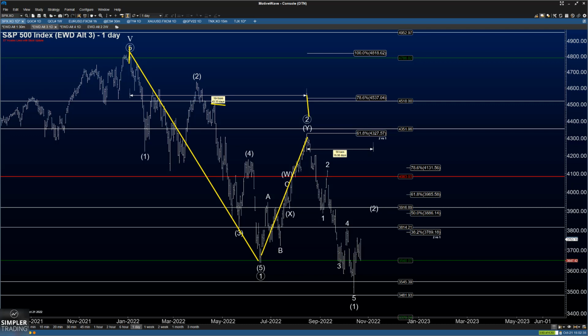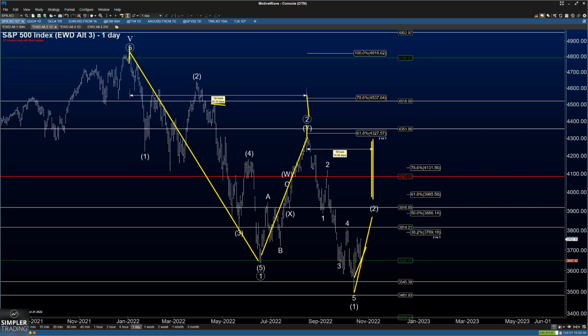And if we then measure from here 58 bars in the future, that takes us to November 7th. So if this is going to continue to be an analog, then maybe up towards 3,900, roughly November 7th.